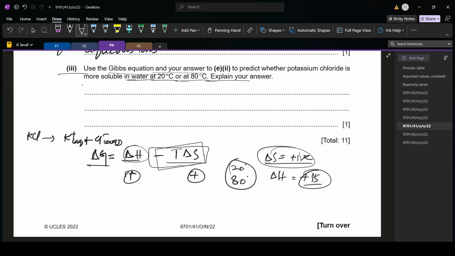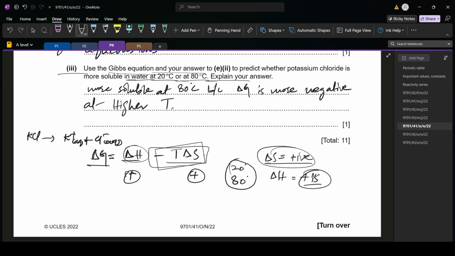So potassium chloride will be more soluble at 80 degrees Celsius because Gibbs free energy is more negative at higher T.